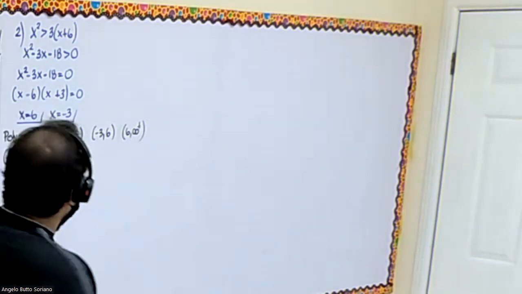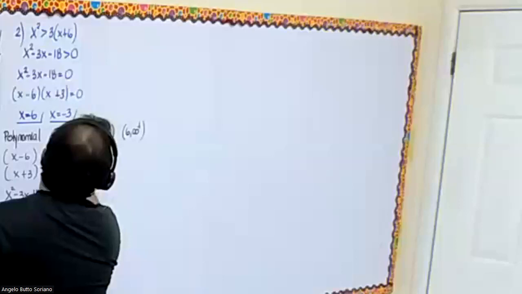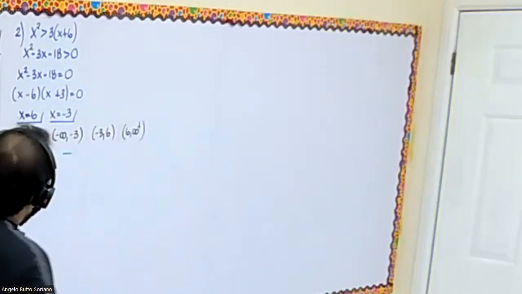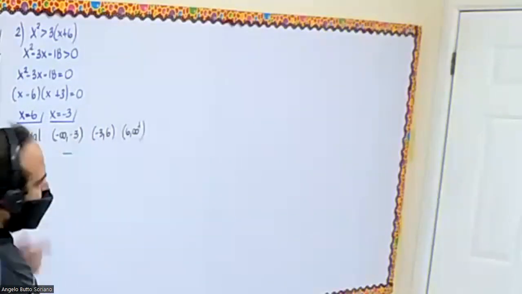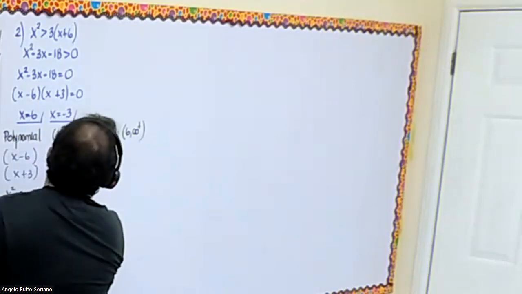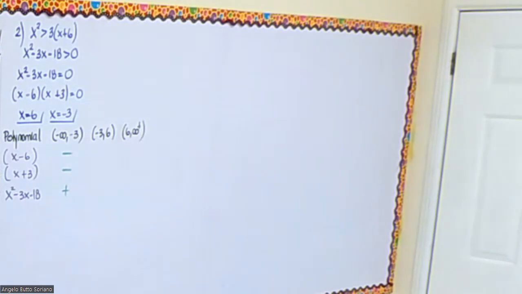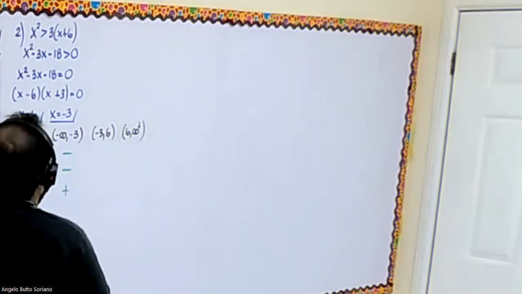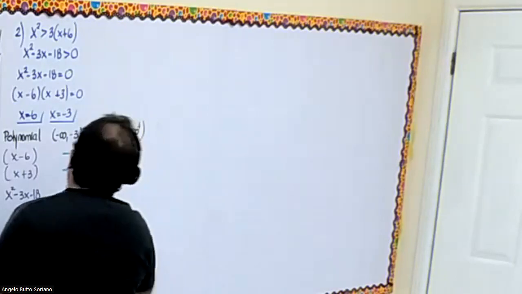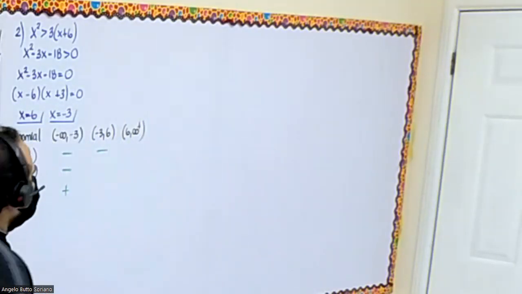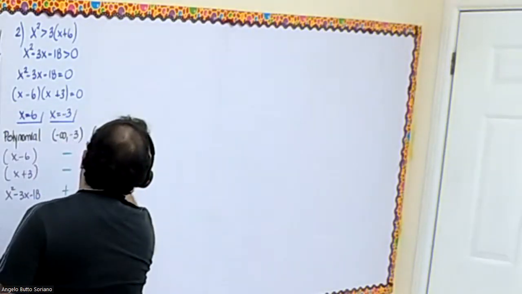Negative 4 minus 6 will be negative 10, so the answer is negative. Negative 4 plus 3, negative 1, also negative. Negative times negative, positive. In second place, a number between negative 3 and 6, we can use 0. 0 minus 6, negative 6, that will be negative. 0 plus 3, 3, positive.